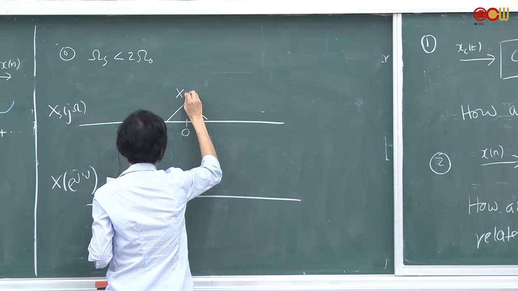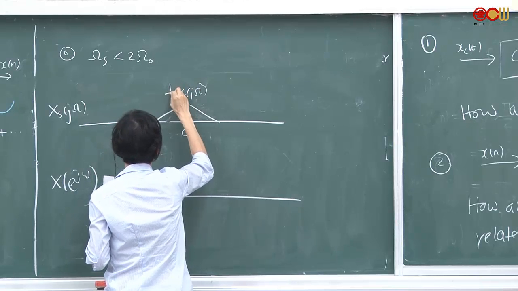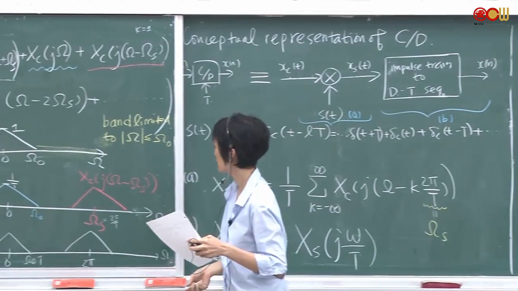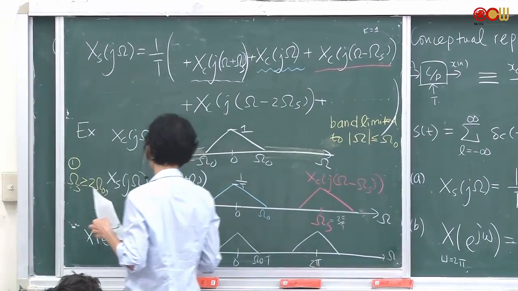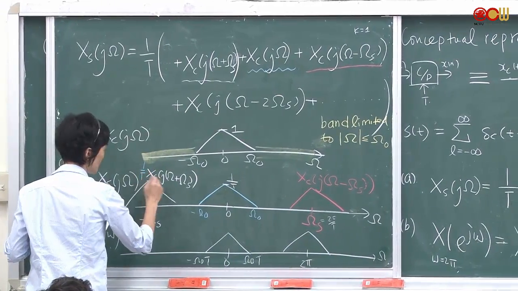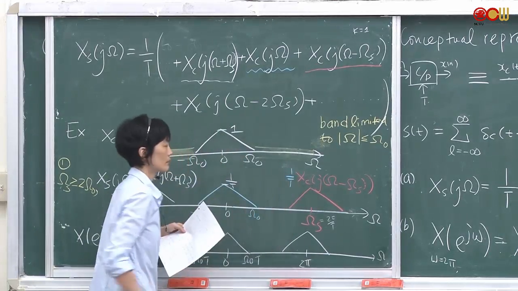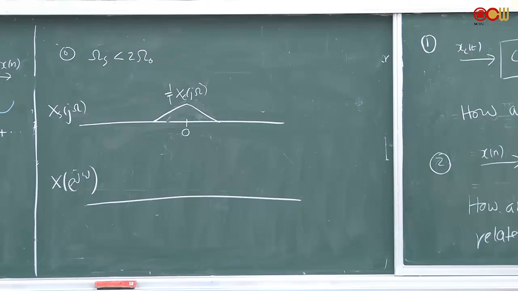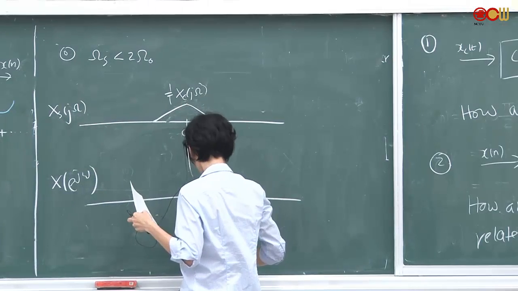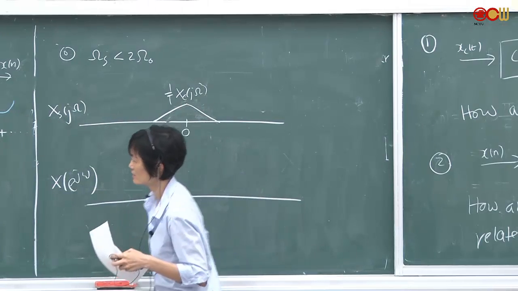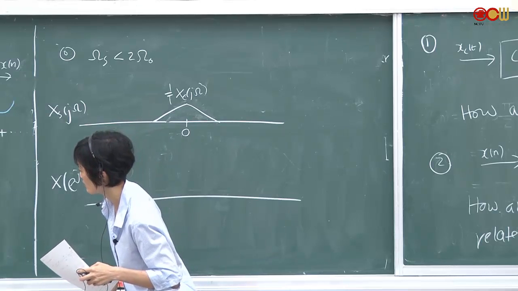This is Xc(j omega) with the scalar 1 over T. Then there's going to be another copy at omega s.